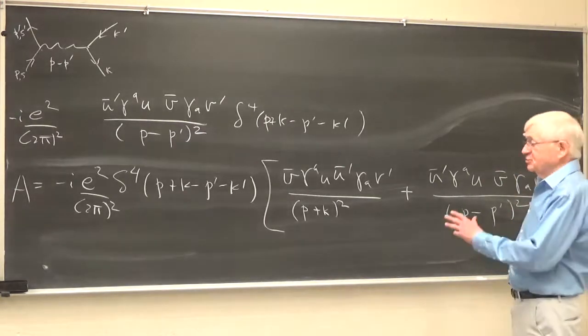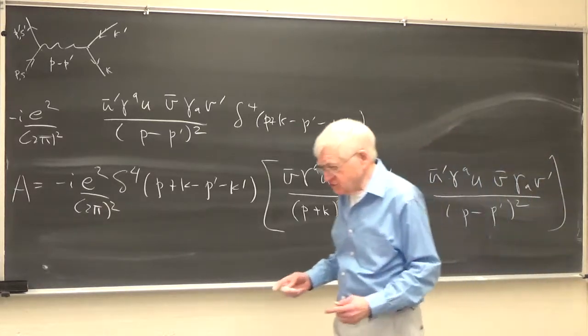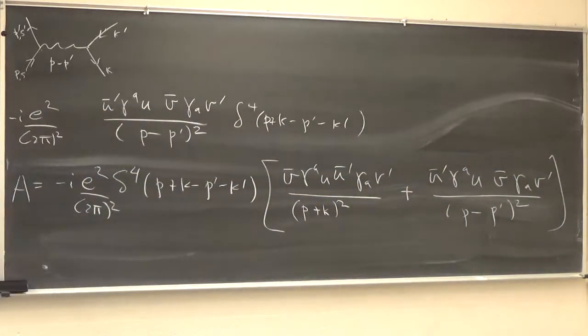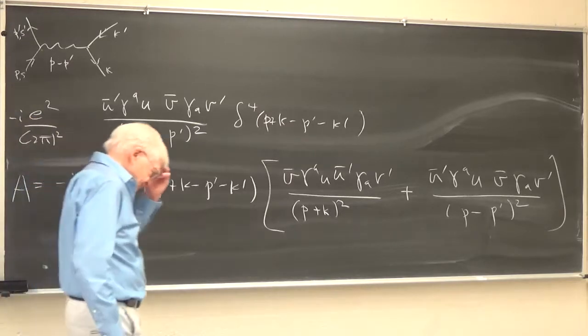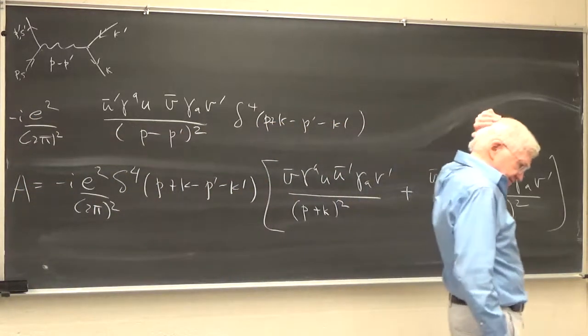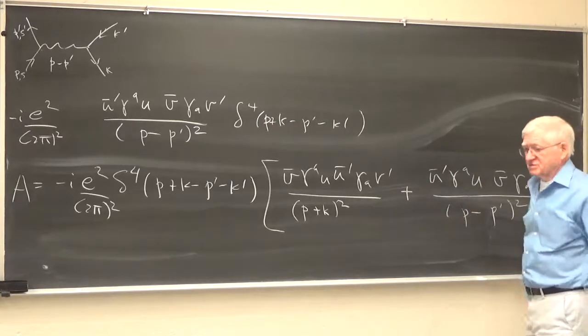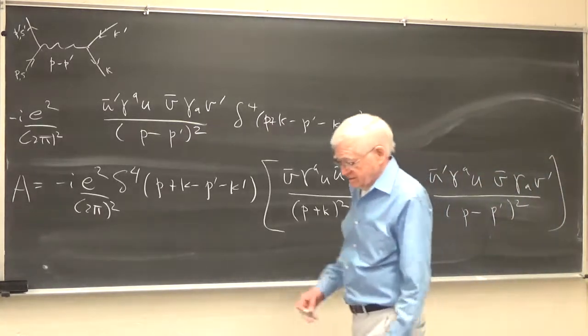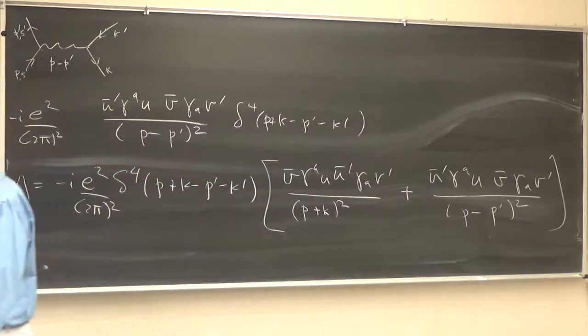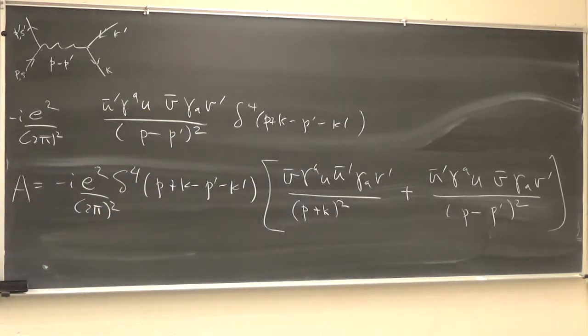In general, if you imagine that you know the spins as well as the momenta of the incoming particles, and you're also measuring the spins of the outgoing particles, then you have to compute this, take the absolute value squared, and proceed with Fermi's golden rule and so forth, as Weinberg describes in chapter 3.